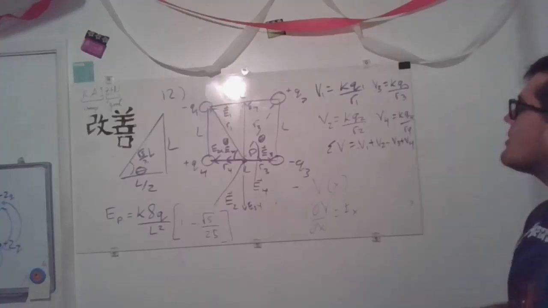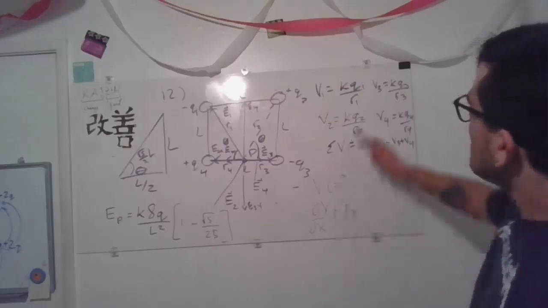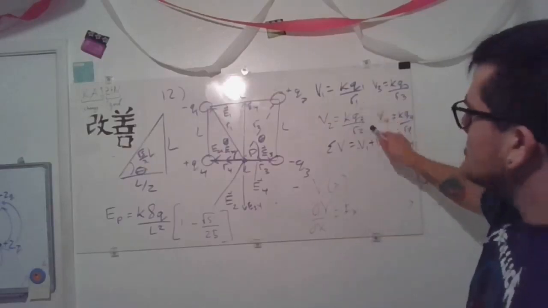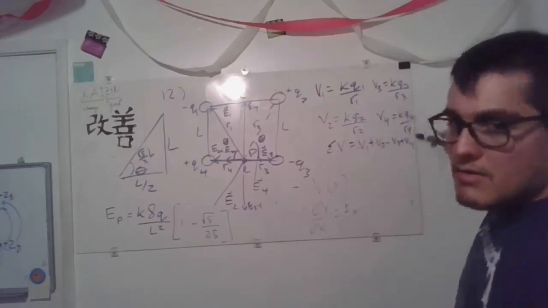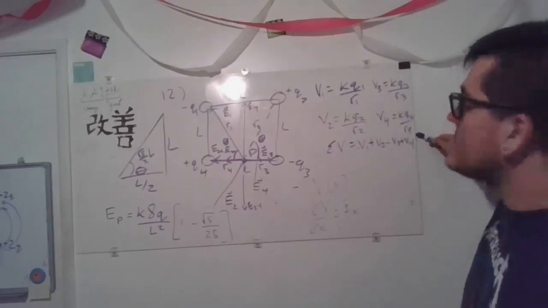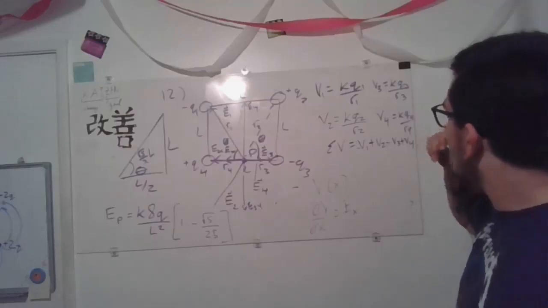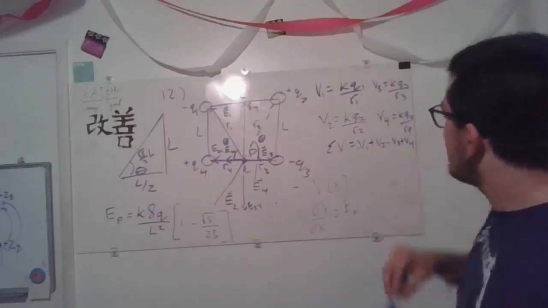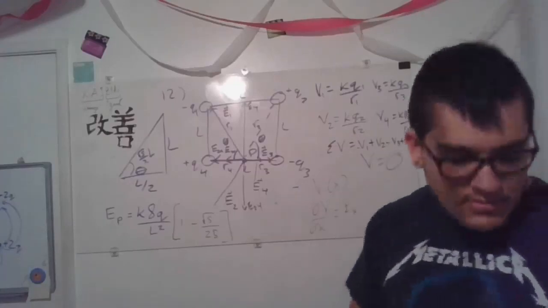But you're right, because R1 and R2 are the same distance. R3 and R4 are the same distance. Yeah, V should be 0.